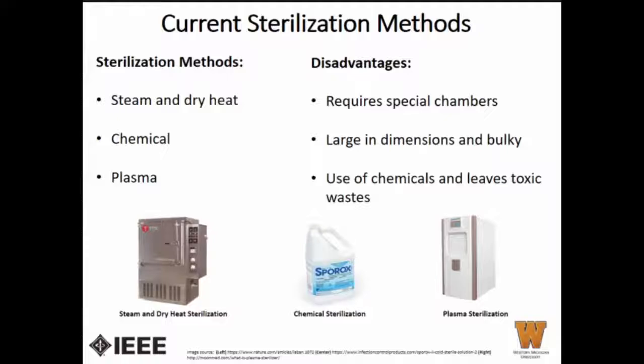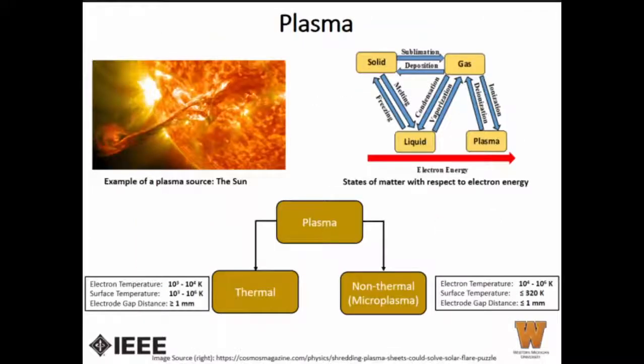Since these chemicals are being used, again they require chambers, which again renders them not portable. So to alleviate the use of these chemicals and bulky chambers, microplasma-based sterilization methods utilizing ambient air as a sterilizing agent are being proposed and developed.